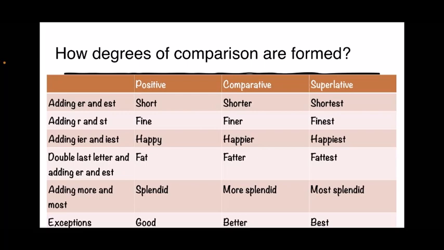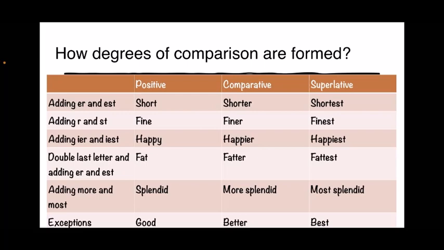The next rule is adding IER to comparative and IEST to superlative. Here we are replacing the last alphabet. See the example given. Happy is the positive degree. To make it comparative, we have removed the last alphabet Y and replaced it with IER: happier. Same way for superlative, again we have removed Y and added IEST.